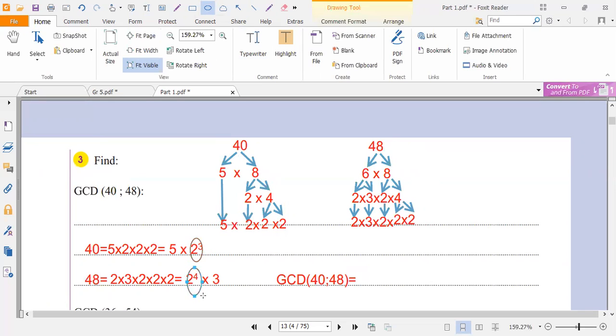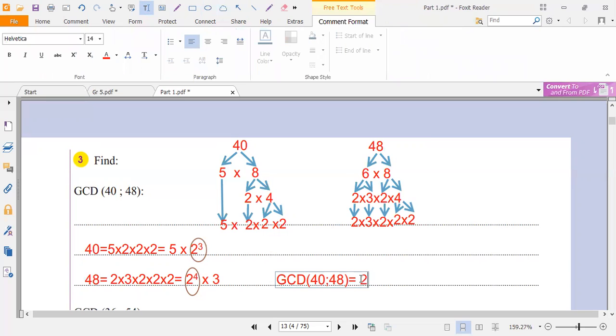They are common factors. Factor means divisor. So we have 2 as a common factor. The GCD between them is what? It is 2 to the power 3, because we have 2 to the power 3 and 2 to the power 4. So we take the common factor with the smallest power, with the smallest exponent. So the GCD of 40 and 48 is 2 to the power 3.